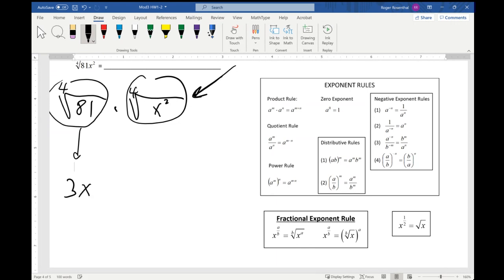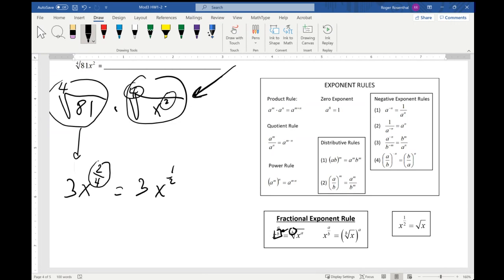And remember, the index becomes the denominator. So the index of 4 will be my denominator, and that makes the 2 the numerator. But this I can rewrite by reducing the fraction, and so that is 3 times x to the 1/2.